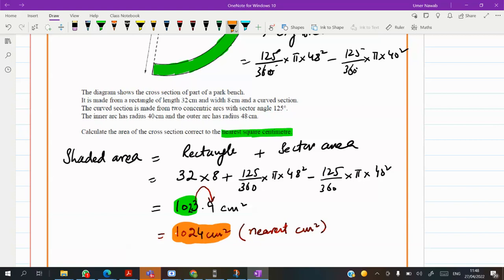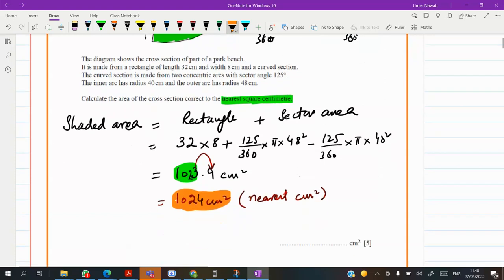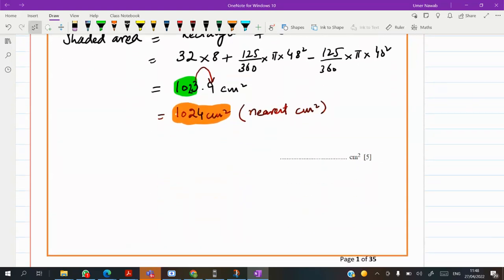At this time, the examiner has restricted you to write your answer to the nearest whole number or the nearest centimeter squared. But if a student writes three significant figures here, that will not be considered accurate and the student will lose the accuracy mark. So please be careful.